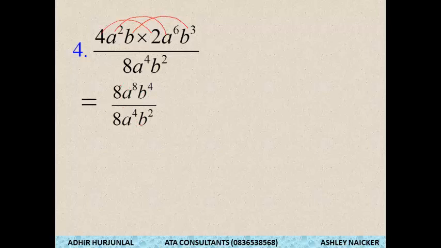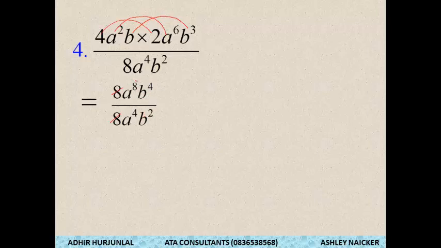Now I will divide. To cut a long story short in division, this 8 cancels off with that 8. I'm happy with that. A to the 8 divided by a to the 4. This is division. I subtract. What about b to the 4 over b squared? This is division. So I subtract 4 and 2.